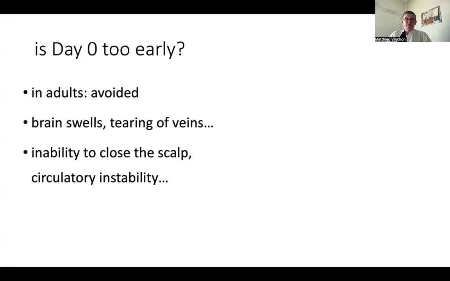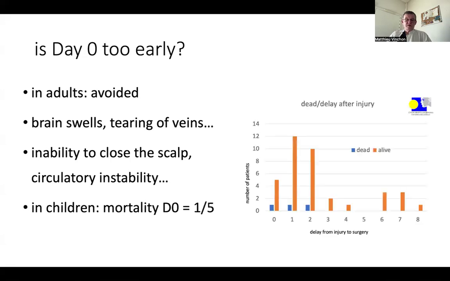So it is not very popular in adult neurosurgery. However, in children, as I showed, 6 of our children were operated on day 0, and only 1 of them died.